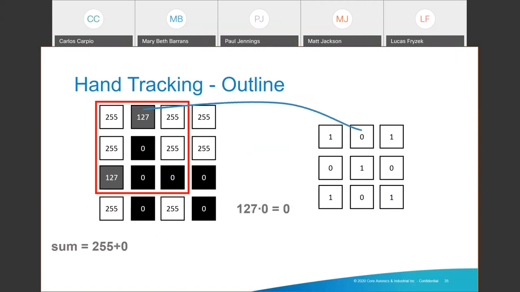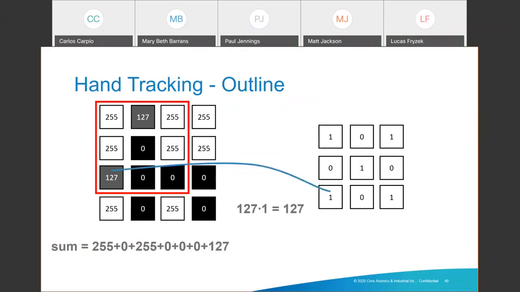We'll repeat this for every pixel in the 3 by 3 area and for every filter value in the 3 by 3 filter. So the next one would be 127 times 0, which results in 0, which we add to the running sum. Then we do 255 times 1, which is equal to 255, and then we add that to the running sum. And we repeat this for every value until we have a completed running sum. We'll just keep going.